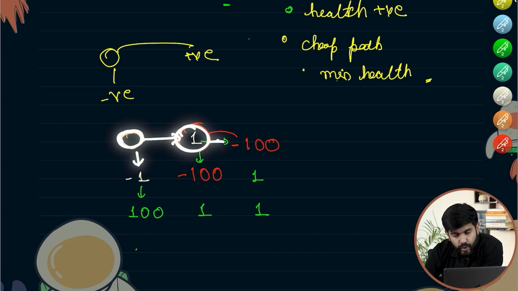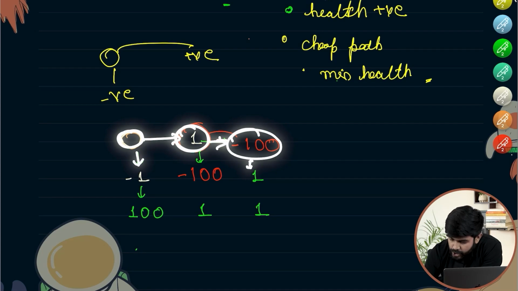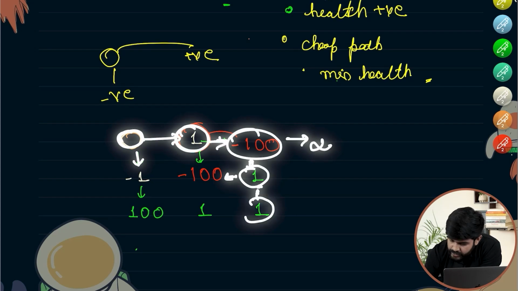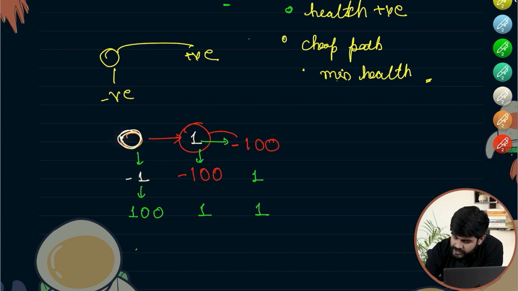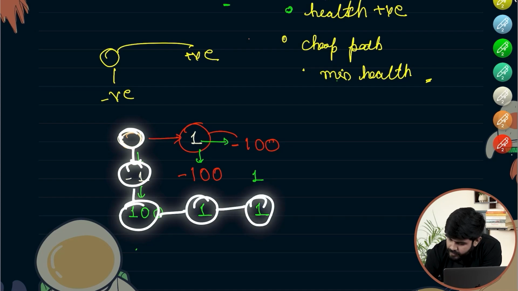Both the values are negative and both the values are of the same magnitude. Let's say I took up this value. From here I have no option but to go down because I can't move on the right hand side. So from here I can also move down only. So I need an initial health of around 95 or 97, 98. But contrary to this, if I take up this path, this path is very much cheap. I would only require a health of 2 to finish off this path.